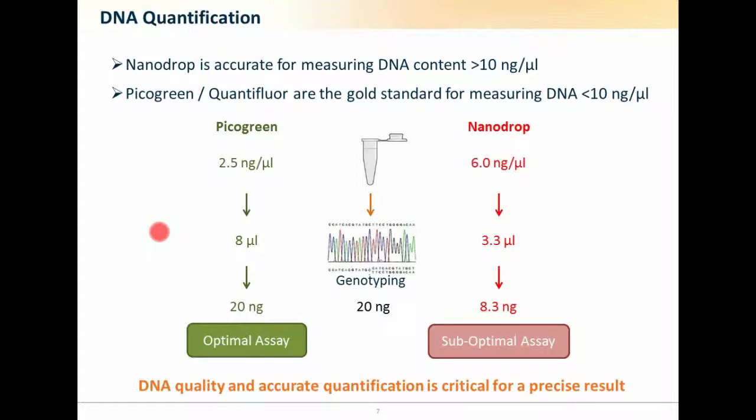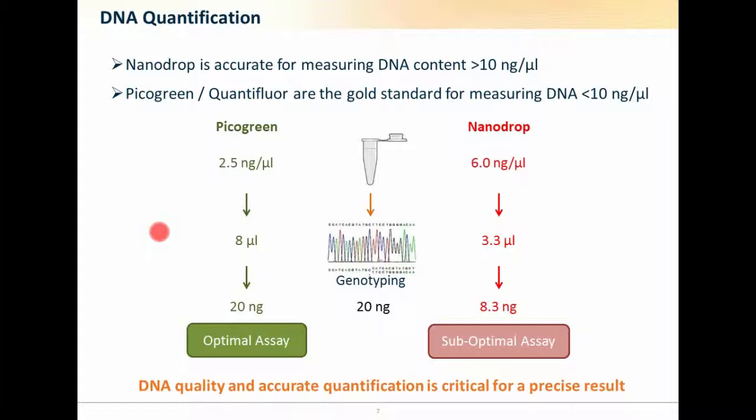Now, one thing that we've seen, and it's often overlooked, but it's a very important step to consider in the process, is the DNA quantification. That's because the most common method for measuring DNA content is NanoDrop, and that is accurate when the concentration is 10 nanograms per microliter or above.